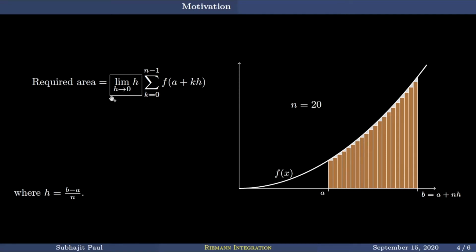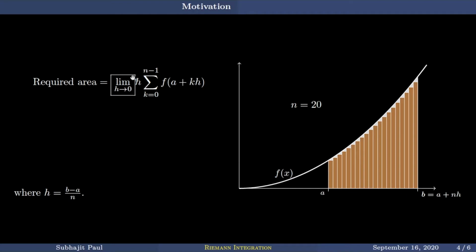So this required area is h times, h is common to all of them, and these are the heights, from k equal to 0 to n minus 1. So what I'm trying to say is this portion, h times the sum over k from 0 to n minus 1 of f of a plus kh, gives you the approximate area by subdividing the entire interval into n subintervals.